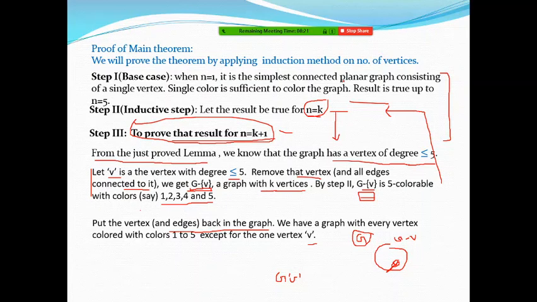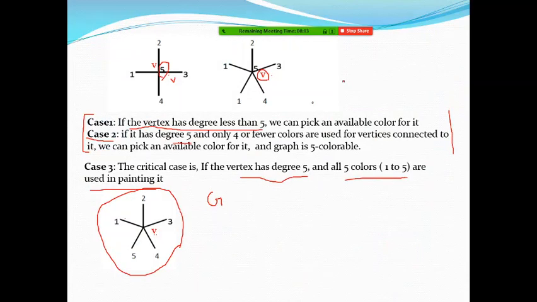Then the inductive step: we assume it for n equal to k, and then we prove it for n equal to k plus 1. First we remove this vertex, then we insert this vertex again, and then we work on three cases. Case number 1, when fewer than 5 colors are used on the neighbors, we can pick any color.